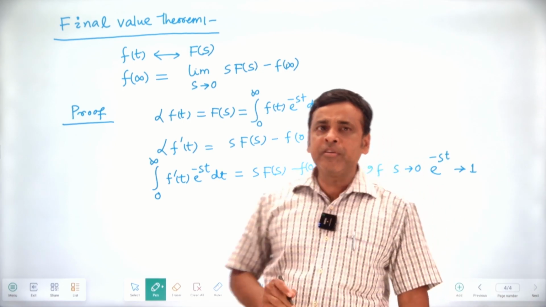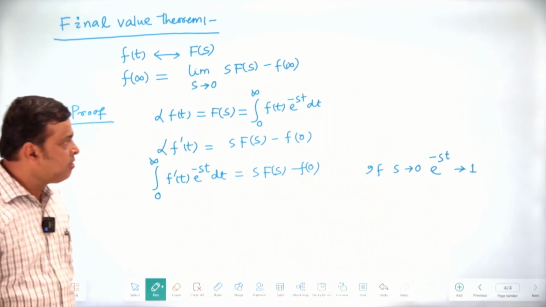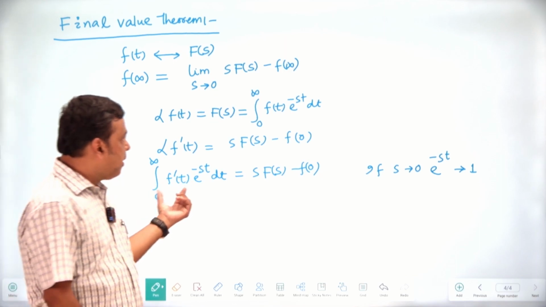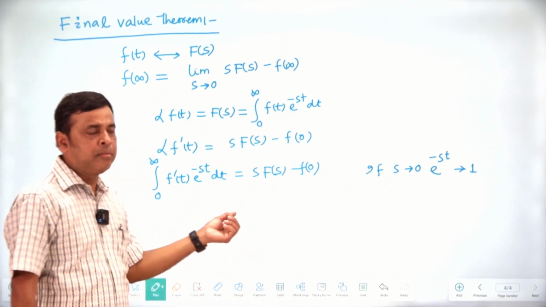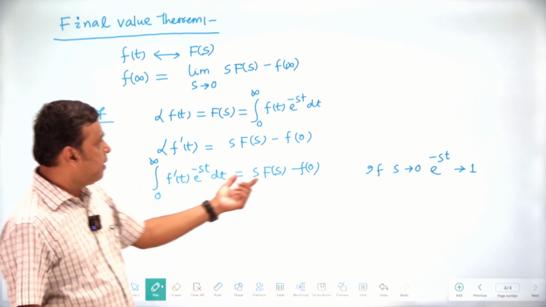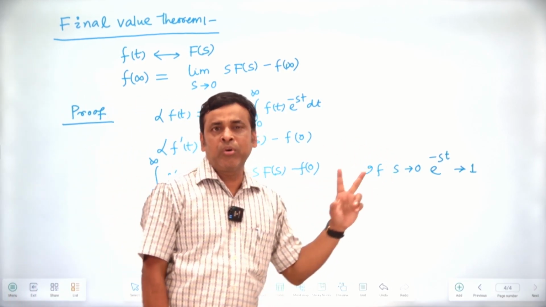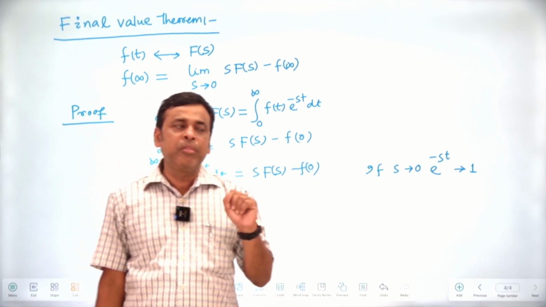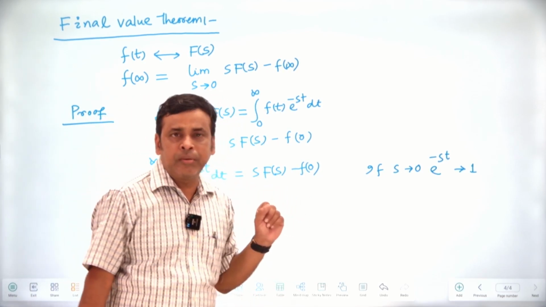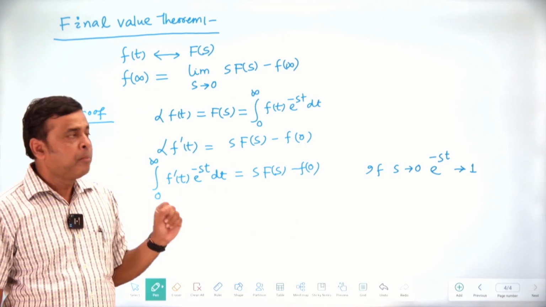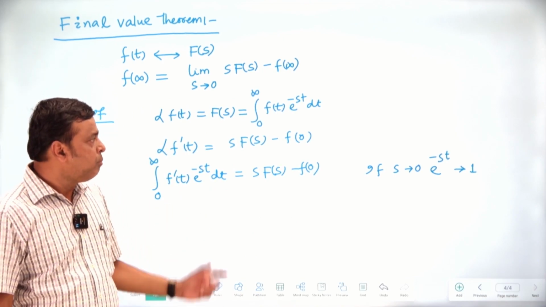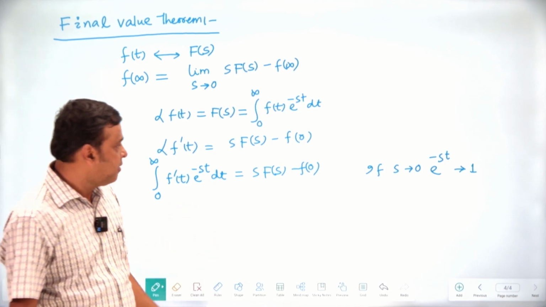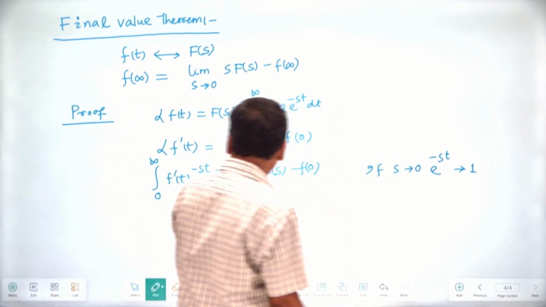In the initial value theorem we applied s tends to infinity to both LHS and RHS, but in the final value theorem it is reversed, that is s tends to 0. We take the limit s tends to 0 on both LHS and RHS.